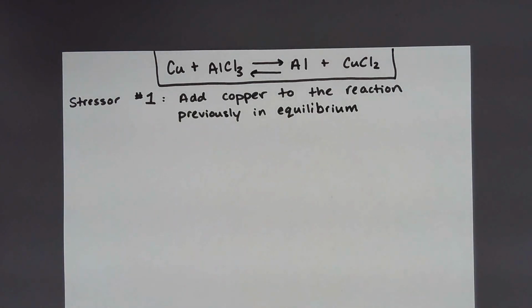Equilibrium is all about balance. So to help us understand how this is going to change the dynamics of the reaction, we're going to use a model that's all about balance. We're going to use a teeter-totter.